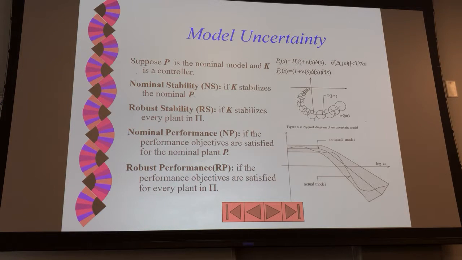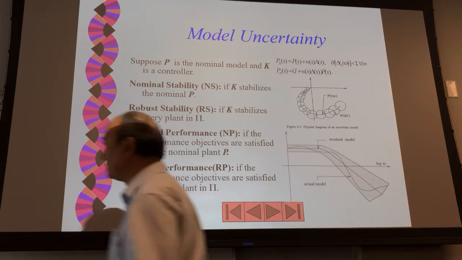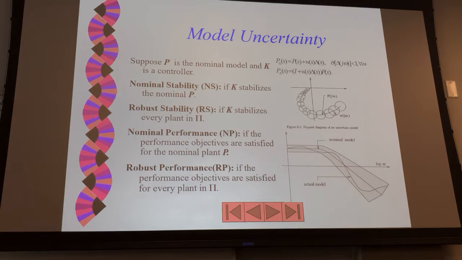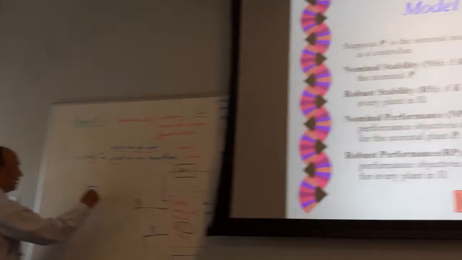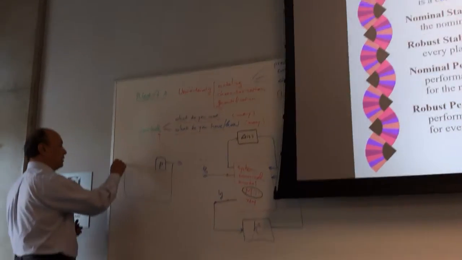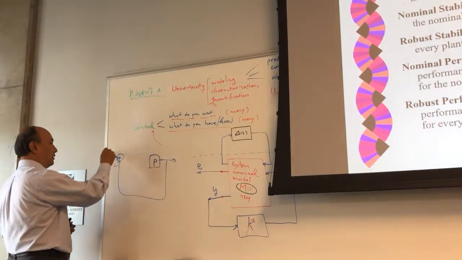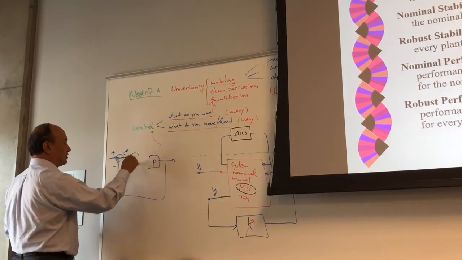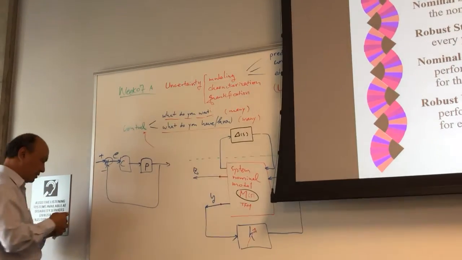Okay, so what do we mean by matched? Let me give you one example. Remember in the classical case, you have a P, you have E, you have C in here, okay?